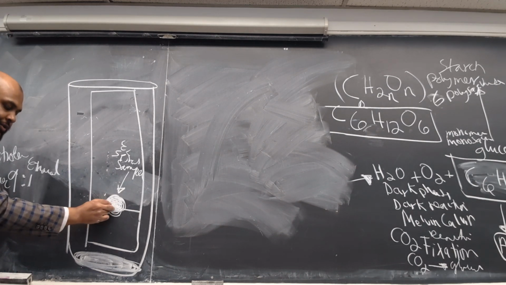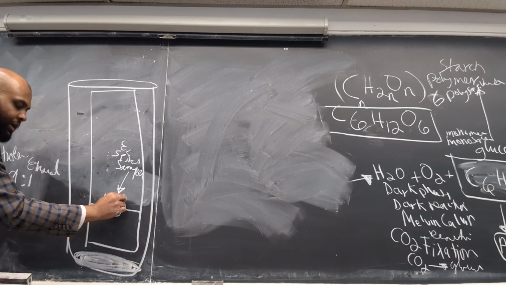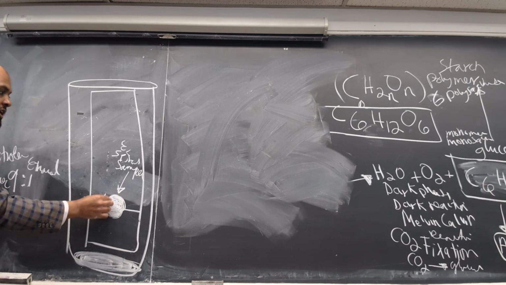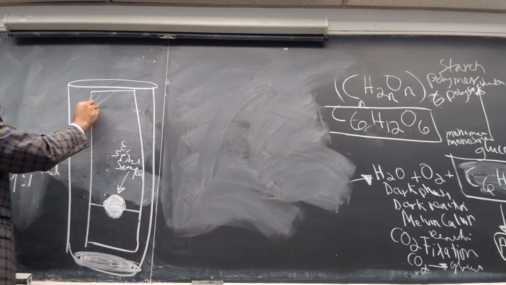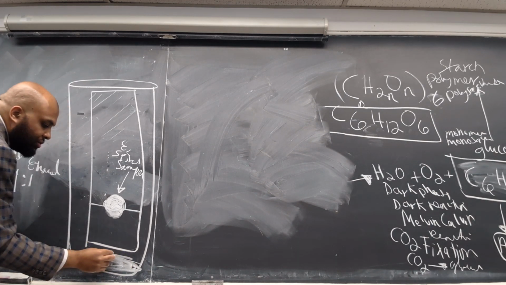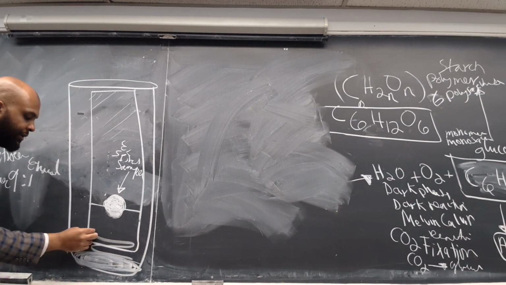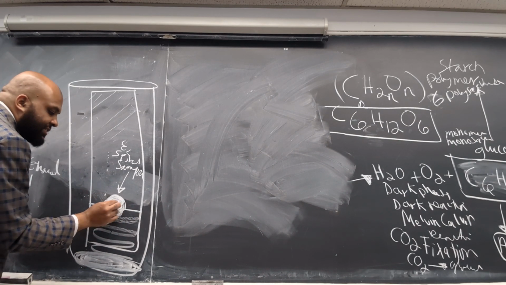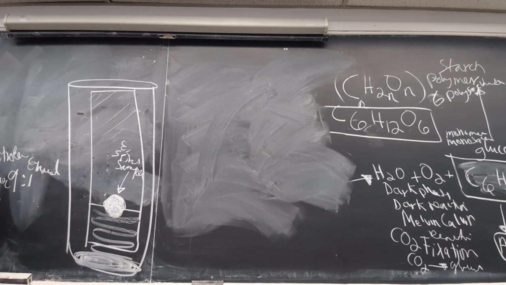The solute, this spinach extract, is going to absorb and attach to the cellulose fibers that make up this chromatography paper. And the solvent is going to start moving upward, until it touches our spinach extract.